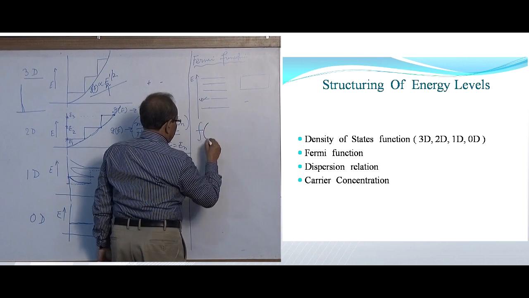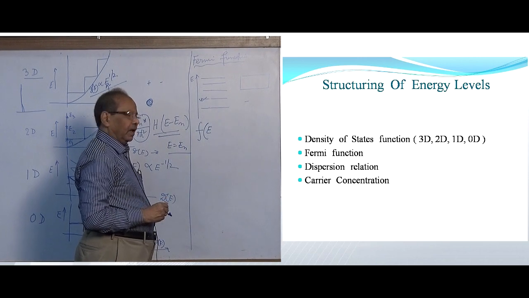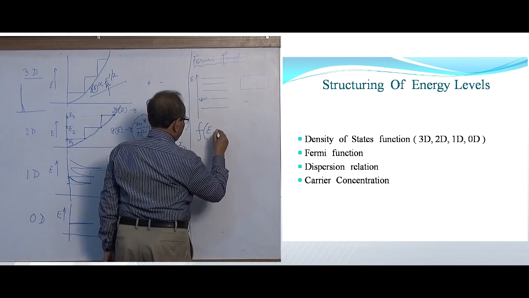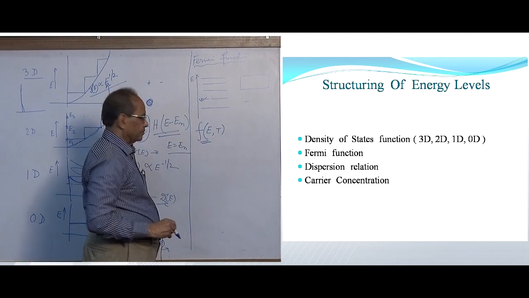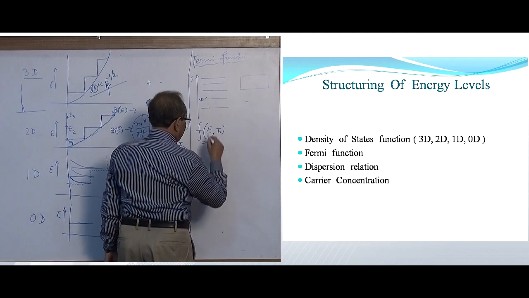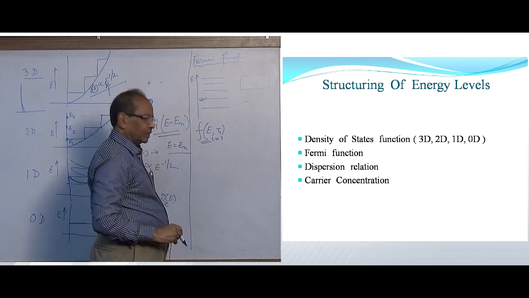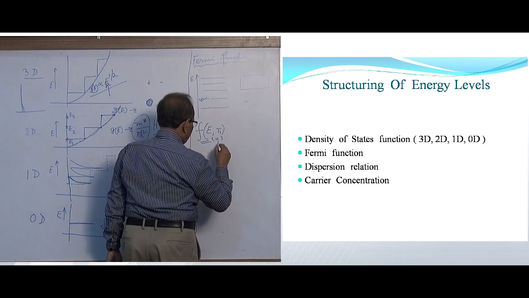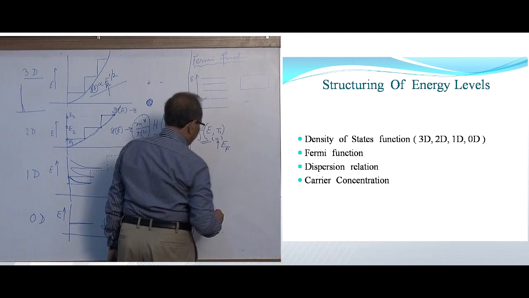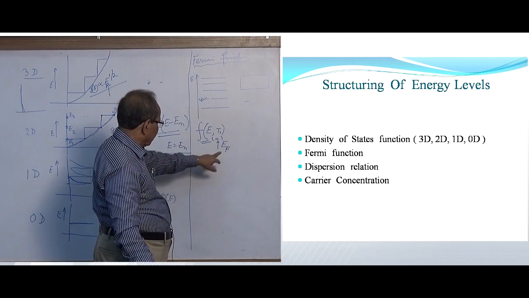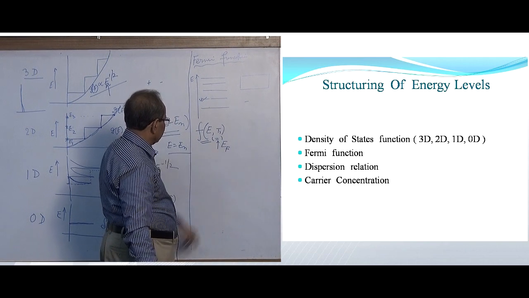So, this is a function of energy, and also it is a function of temperature, and also it is a function of a constant quantity. This constant quantity is called Fermi energy by honor of the name Enrico Fermi. There is EF, the Fermi energy.